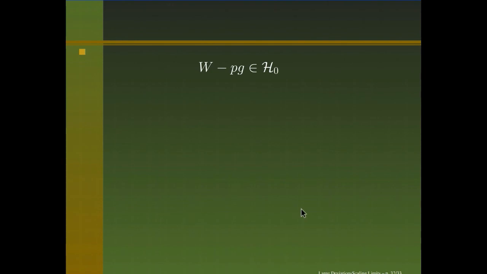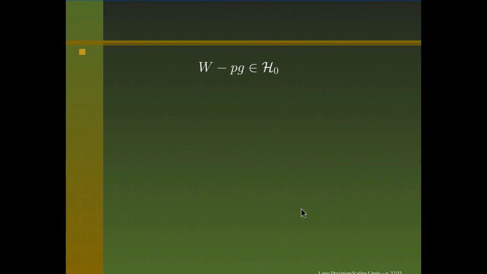So the question really now, you want to take W and project it into the orthogonal complement of H0, and you want to compute what the norm square is. So you want W minus the multiple PG to be in H0.